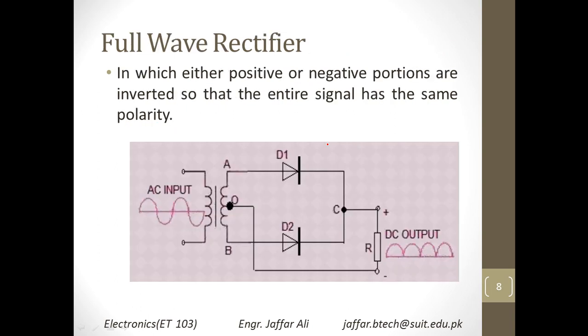Now coming towards the other type, the full wave rectifier. In a full wave rectifier, both the positive and negative halves are rectified. When there is a positive signal on this side, the other side will be negative.